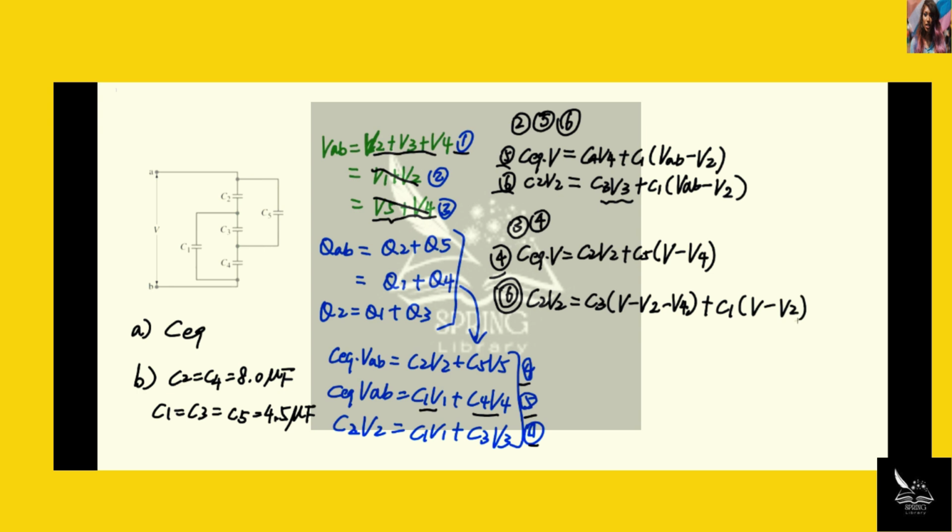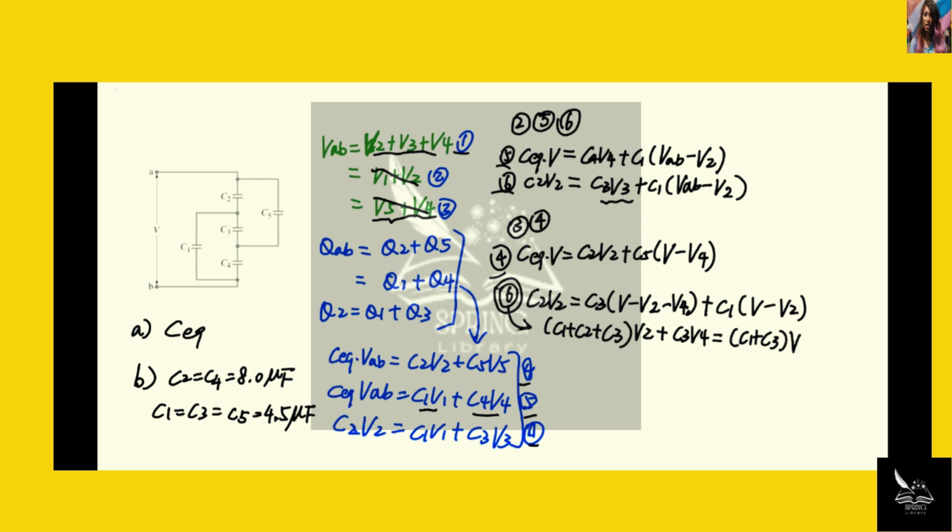So let's rewrite this as C1 plus C2 plus C3 times V2 plus C3 V4 equals C1 plus C3 times V. Let me double check this is correct. Great. So I will call this number 6.